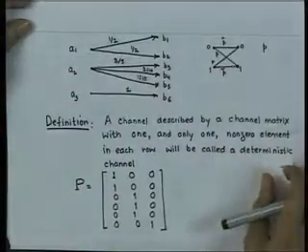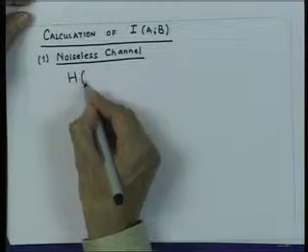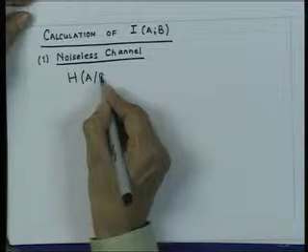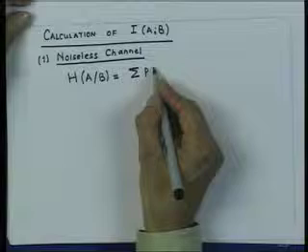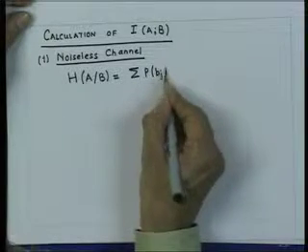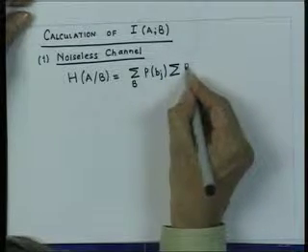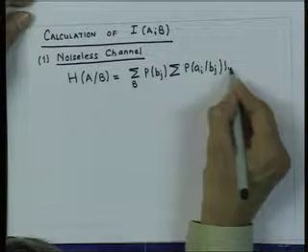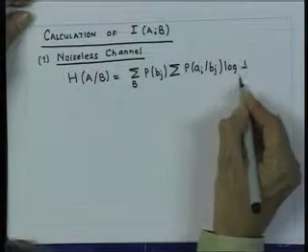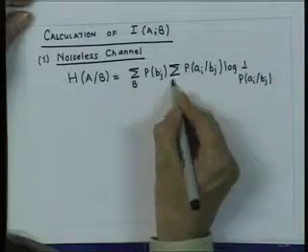So, using this fact, we can write the equivocation that is defined as H of A given B, which is equal to summation of probability of B j times summation of probability A i given B j log of 1 over probability A i given B j.